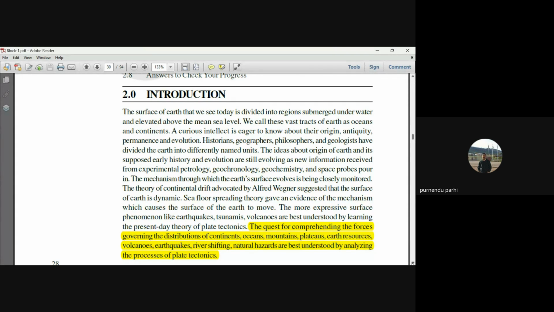from experimental petrology, chronology, geochemistry, and space probes. The mechanism through which the Earth's surface evolves is being closely monitored. The more expressive surface phenomena like earthquakes, tsunamis, and volcanoes are best understood by learning the present day theory of plate tectonics.